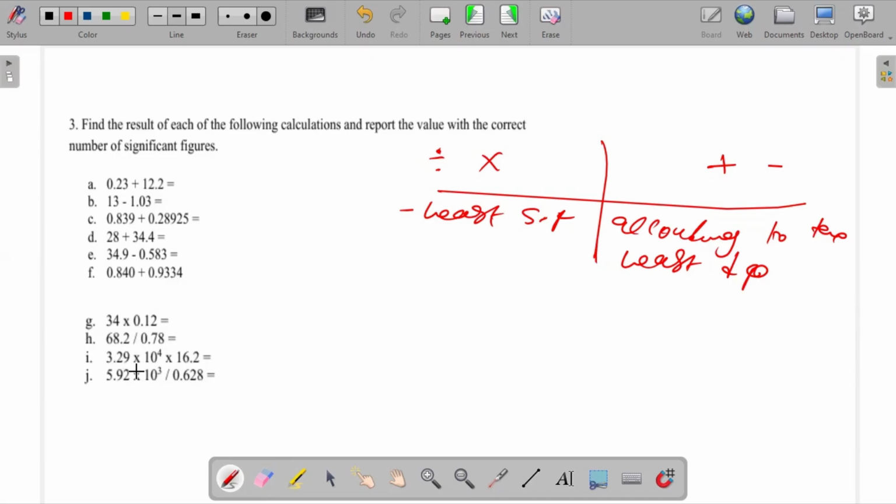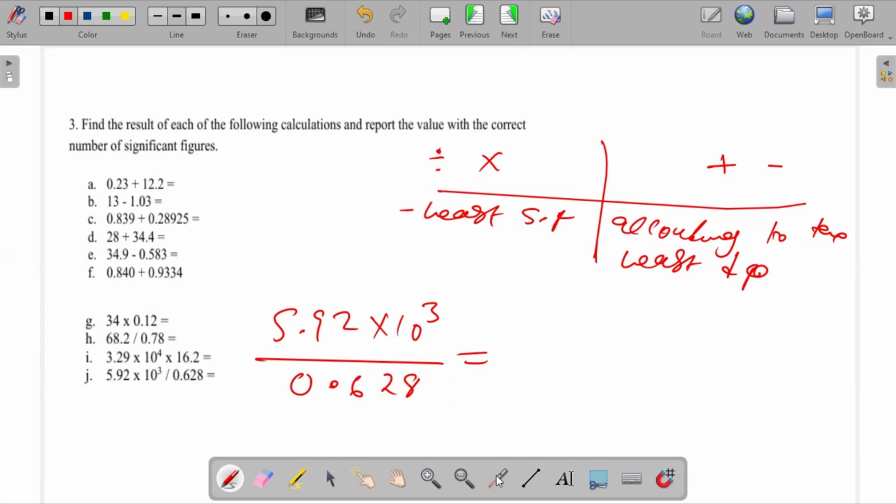Let's try the last one. So we're having 592 times 10 to the power 3. Then we are dividing with 0.68. Okay, so let's do that.